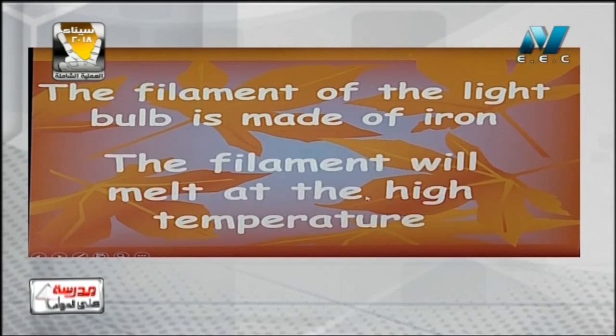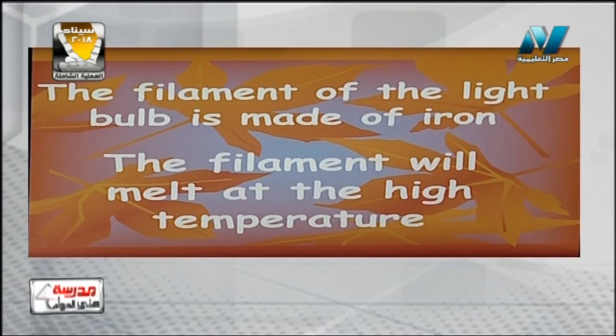The filament will melt at the high temperature, because we know electric energy changes into light and heat. Someone might say, what if we used iron? I will say it will melt easily, not like tungsten.